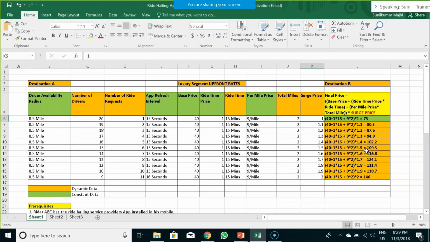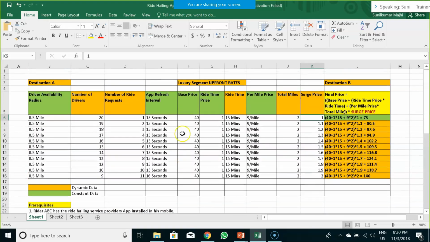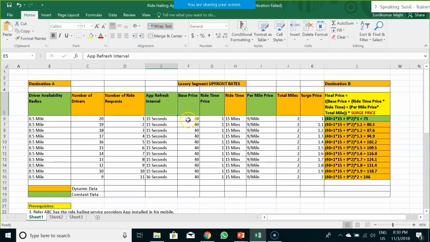Now, this was an example of the luxury segment of Uber. Similarly, there would be multiple other segments in Uber, like Uber Black, Uber Go. There the calculation process would be the same as we followed here, but the factors would be different. Here the base factor is 40. If it is not a luxury segment, the base factor would be 30.